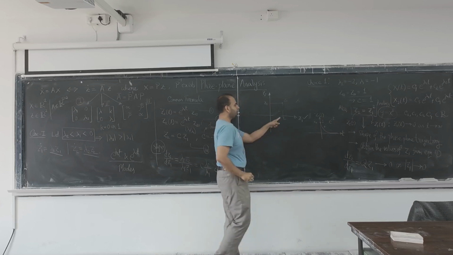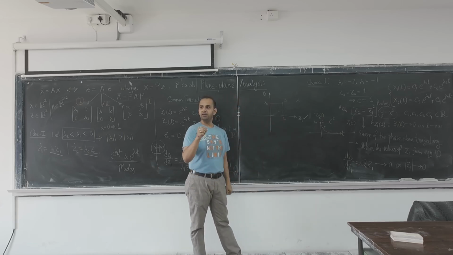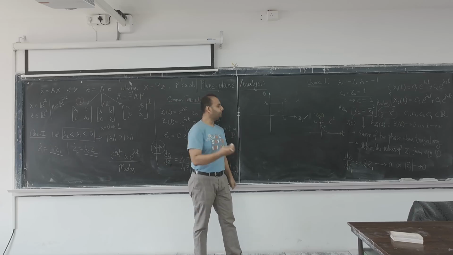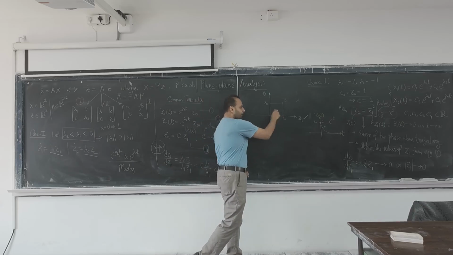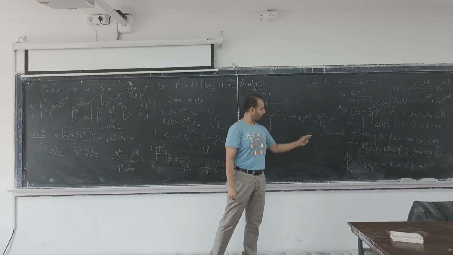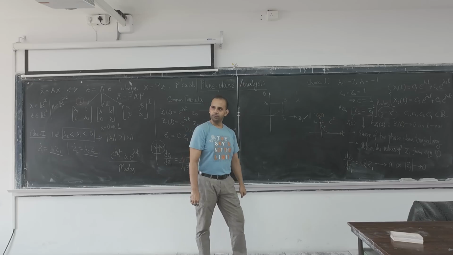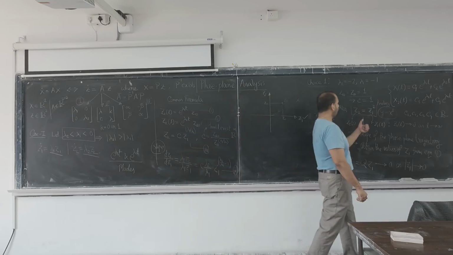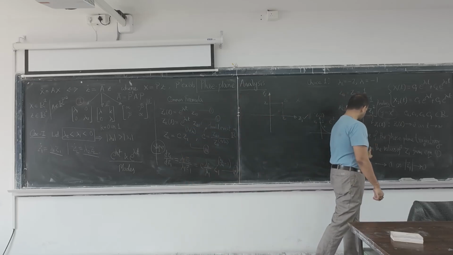Starting from z10, all the remaining z1 squares must be at the left hand side compared to z10, because the absolute value of z1, here everything is positive, so this is continuously decreasing.